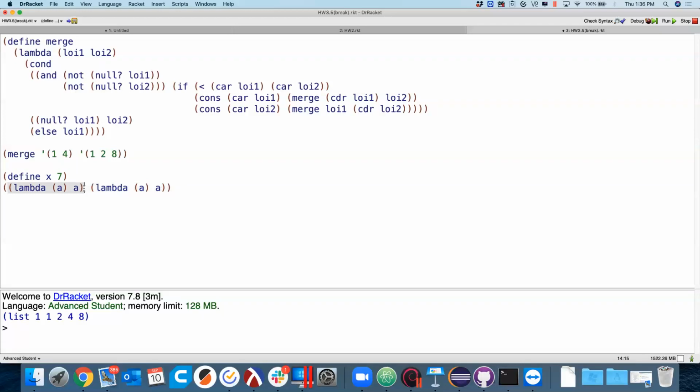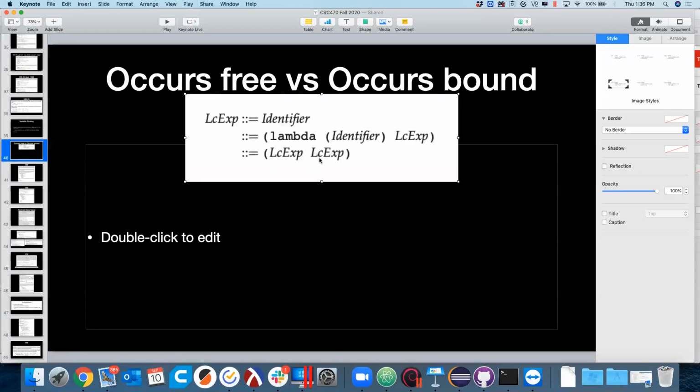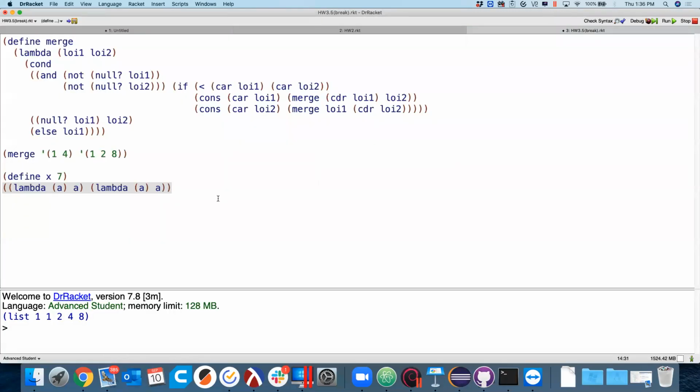Is this guy a lambda calculus expression? Yep. Is this guy a lambda calculus expression? Is this a list of two lambda calculus expressions? Is that one of our productions in our grammar? It is. But if you looked at this, what would you expect the result to be here?